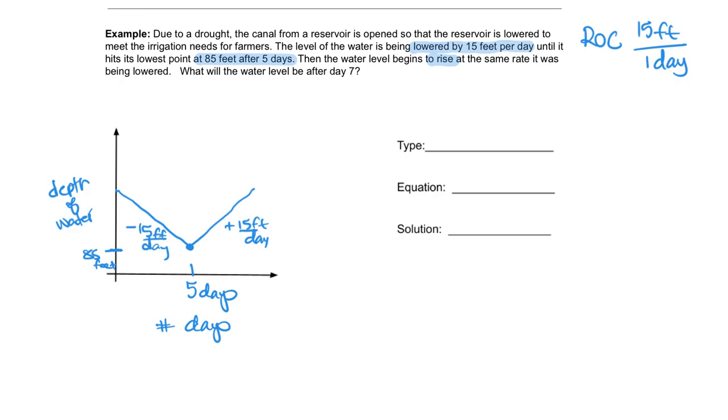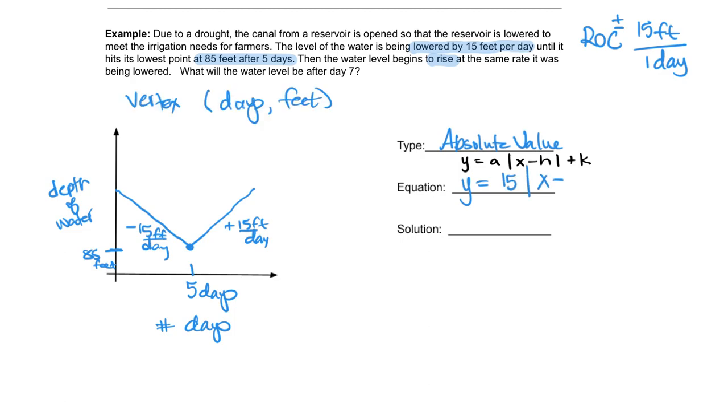So we can see from the shape of our graph and from recognizing that it is going up and down 15 feet per day, a constant rate of change, increasing and decreasing as opposites, that this is an absolute value function. The equation is going to be, it's opening up, so it's going to be a positive 15. And then our vertex, 5 days and 85 feet.